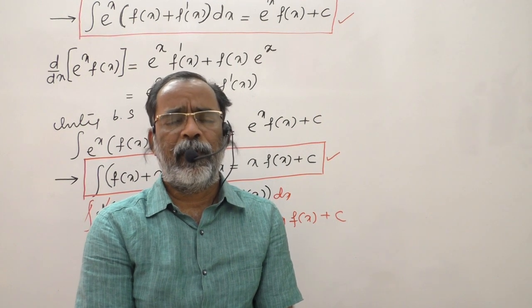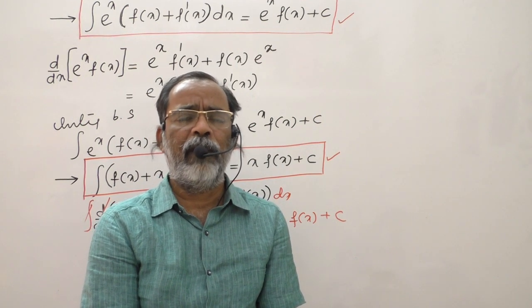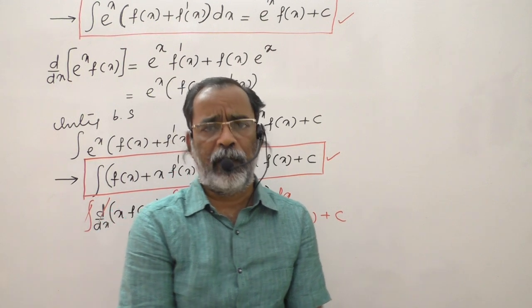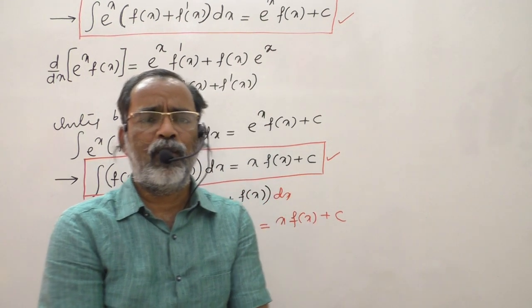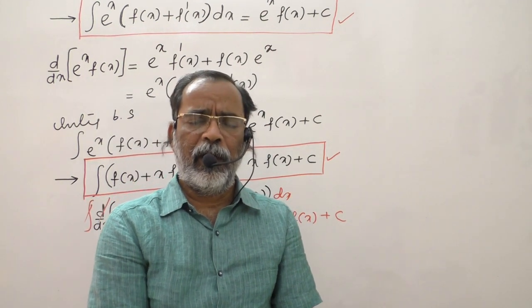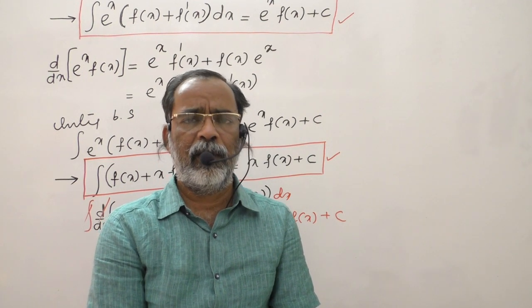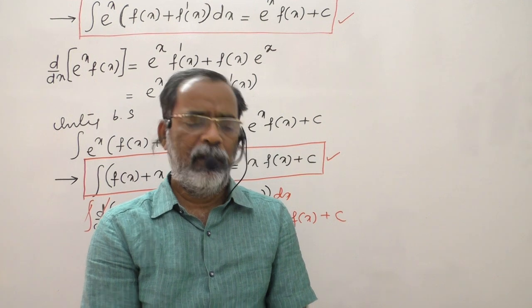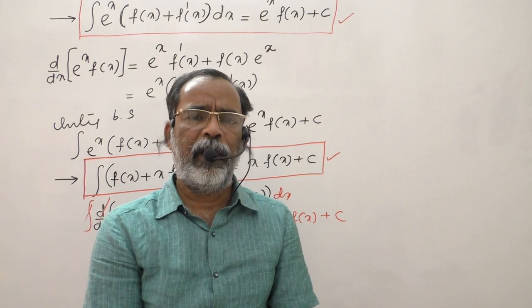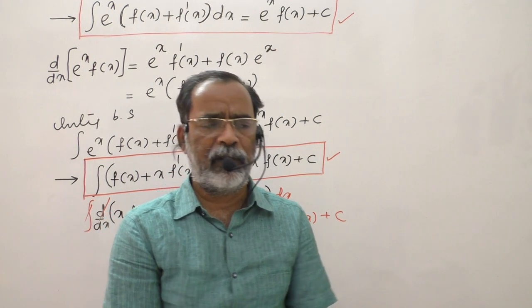The second function should be easily integrated a number of times. That means the integral should be evaluated simply a number of times. That is the second function v. Automatically the remaining function will be the first function.